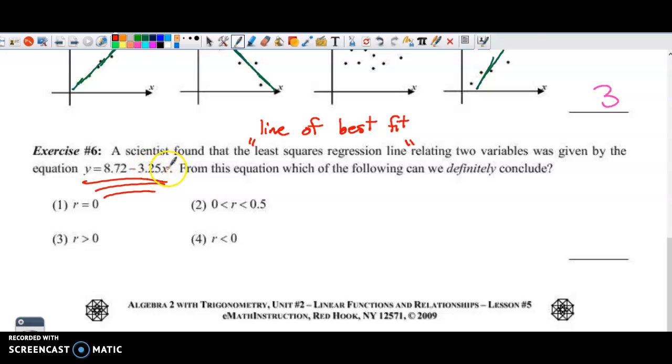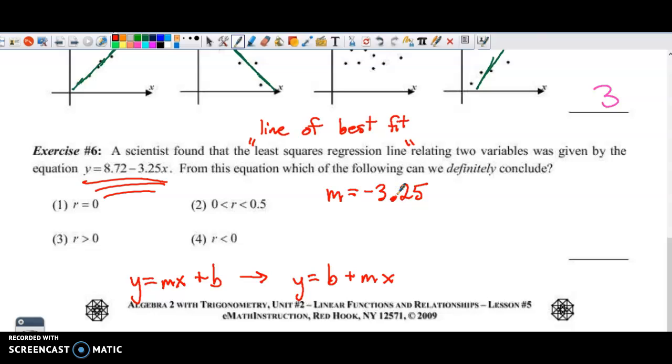And what I really care about is, if you think about y equals mx plus b. Now, in statistics, instead of using mx plus b, they usually write it the other way around, where they would write it as b plus mx. And that's what's happening here. So what I care about is that the slope in this problem is negative 3.25.